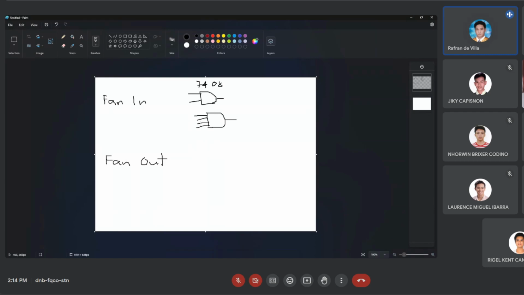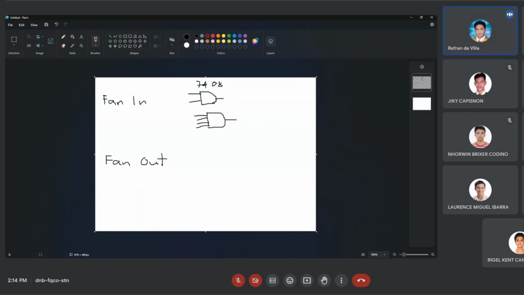So for fan out, going back, Ibarra, with your definition: standard loads, sir, the standard loads that it can drive at its output.